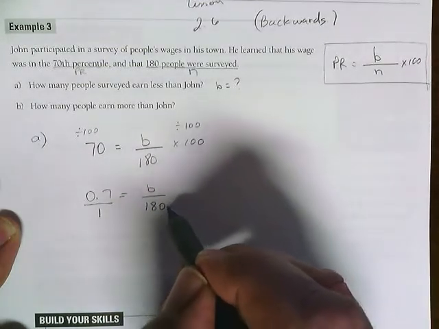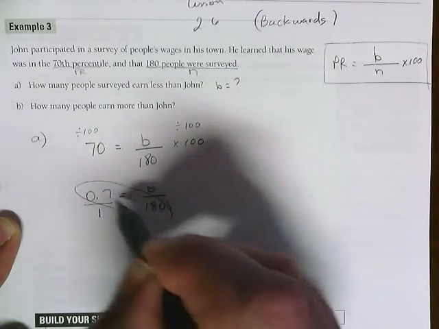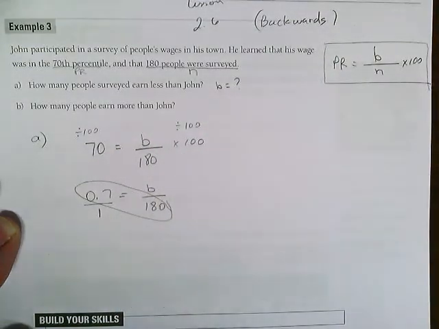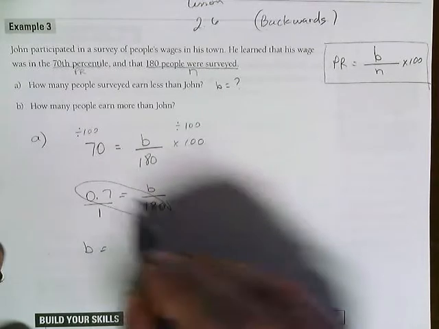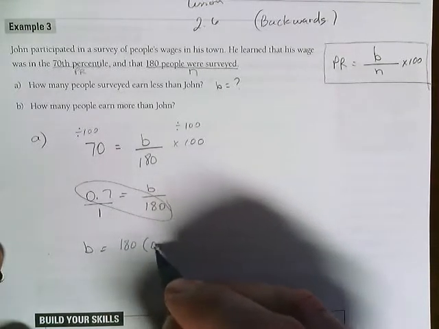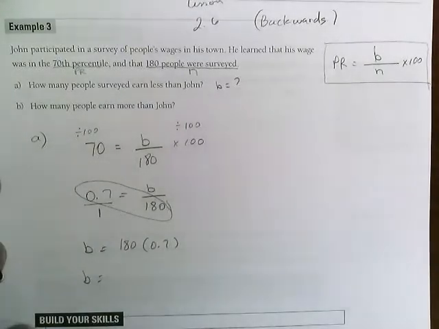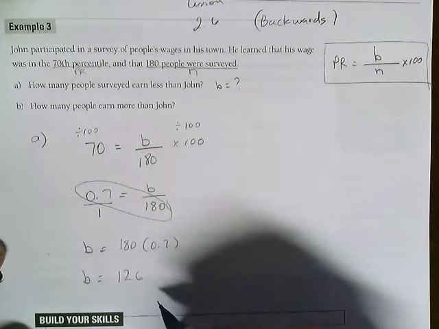The only two values that can be cross multiplied are this going this way. So you have to multiply this way, divide going down. And that just helps you to know which ones multiply and when you divide, right? So B is essentially 180 times 0.7, that is 126 people.